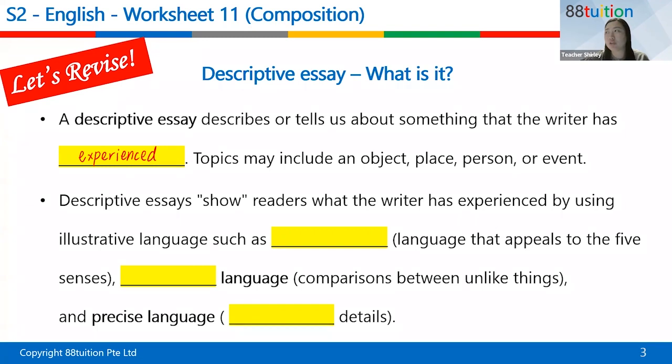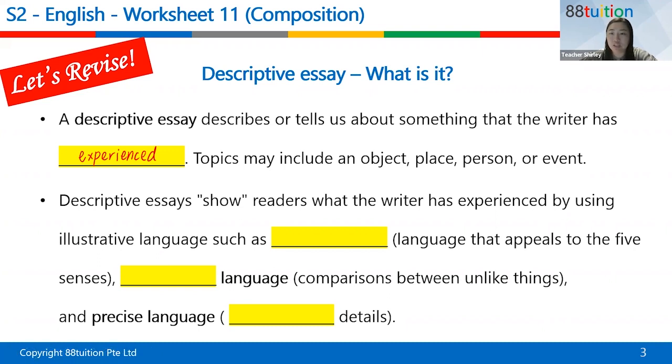It can be a short topic, like for example, what is your favorite place? What is your favorite food? So descriptive essays show readers what the writer has experienced by using illustrative language, such as language that appeals to the five senses.